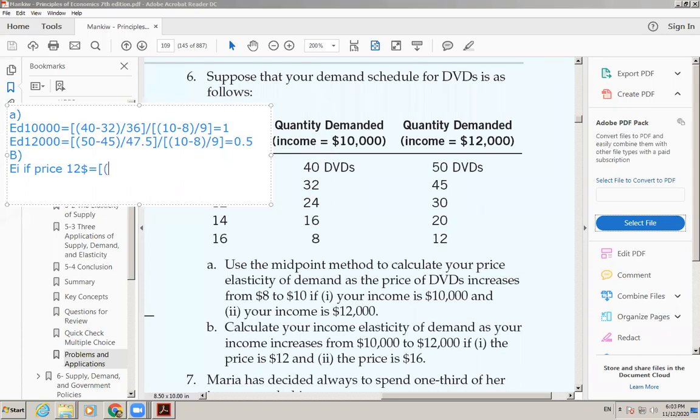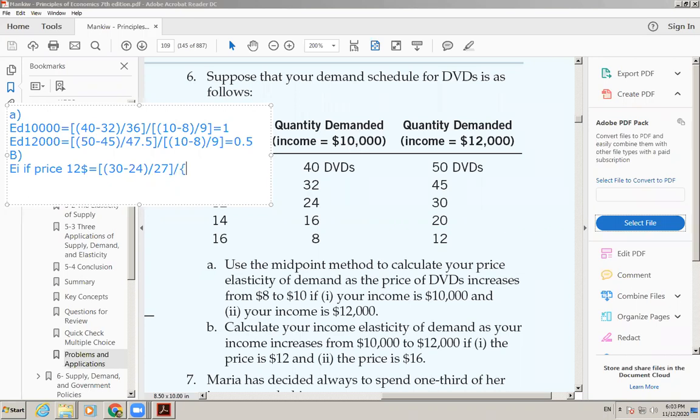First of all, we need the percentage change in quantity, which is the difference between 30 and 24: 30 minus 24, divided by the midpoint, 30 plus 24 divided by 2, which is 27.